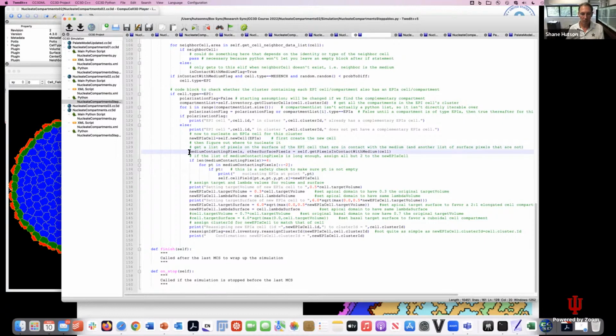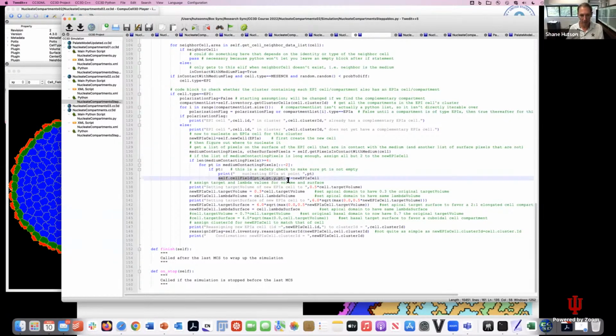We will get the pixels that are in contact with the medium, and that's what we use that function up there above for. And from that list of pixels that are in contact with the medium, we're going to assign all but 2 to the new epi cell, right? You need to assign more than one to make sure that the nucleation takes. So we assign all but 2 to the new apical compartment, and that's all that this is doing.